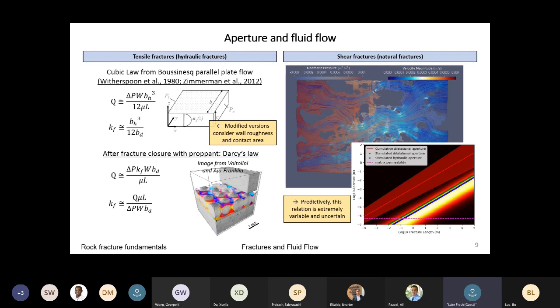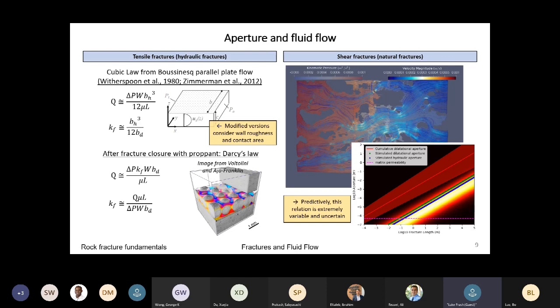So you're not trying to estimate permeability from a physical aperture. You're estimating a hydraulic aperture from known flow conditions, like pressure and flow rate, using something like an experiment or a numerical model of a rough fracture surface. So that's the way that I like to implement this particular equation.